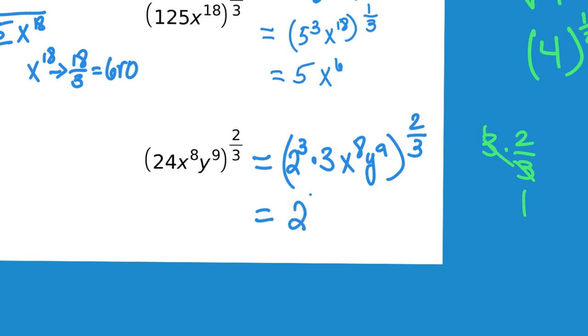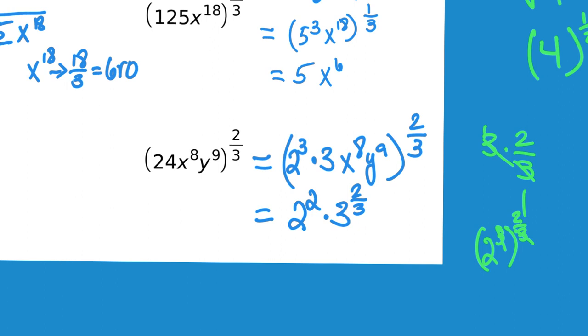So we have 2 squared. Is everybody with me on that? I'm going to write it just in case. We got 2 cubed, and it's being raised to the 2/3. The 3's cancel, and you're just left with 2 squared. Okay. Then we got 3 raised to the 2/3. There's nothing. There was a 1 there. 1 times 2/3 is 2/3.